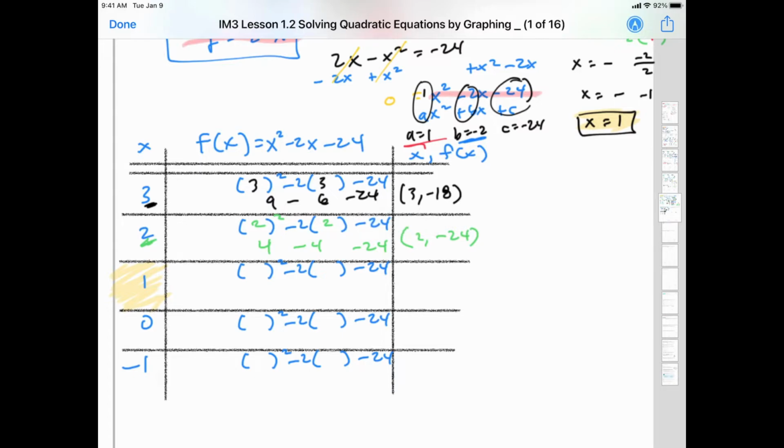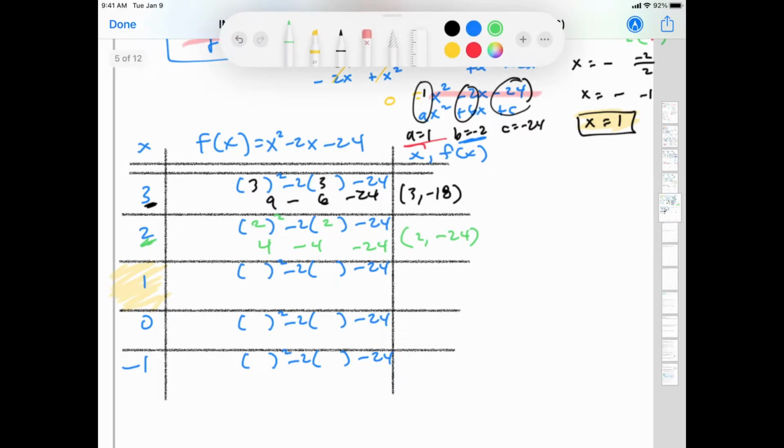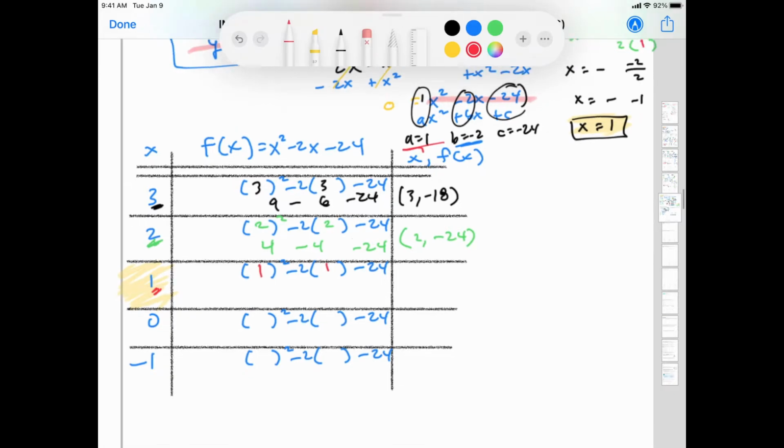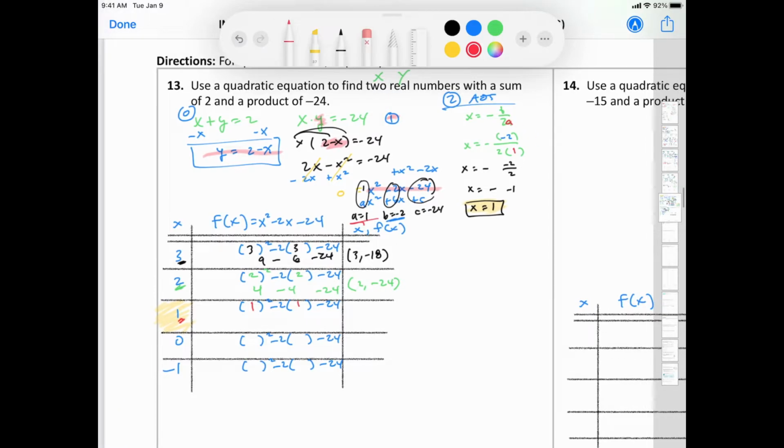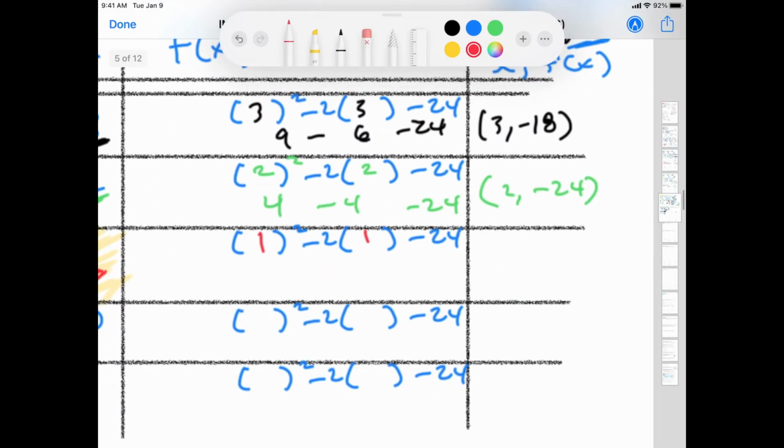Let's see what happens at 1. I think I made a mistake. I can tell. What do we got? 1 minus 2 minus 24. That'll give us negative 3. This will give us negative 27.